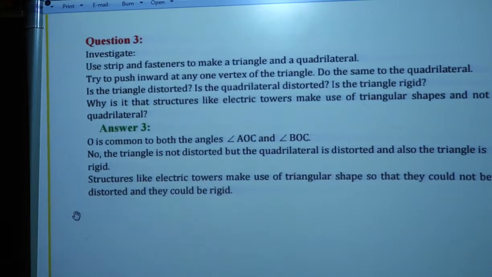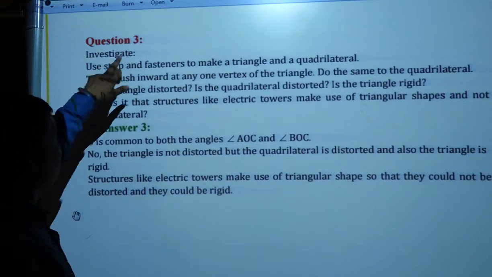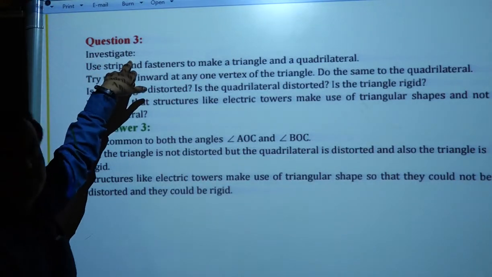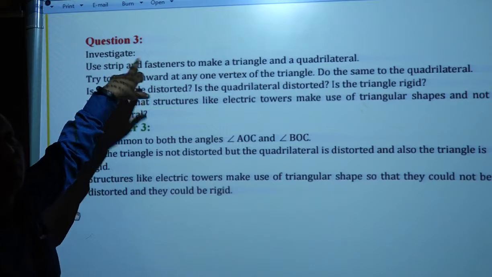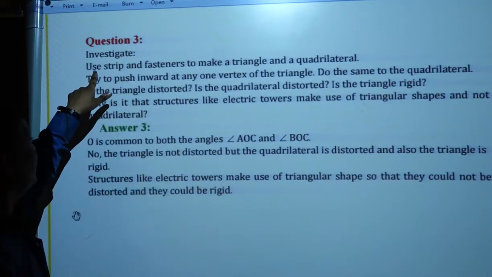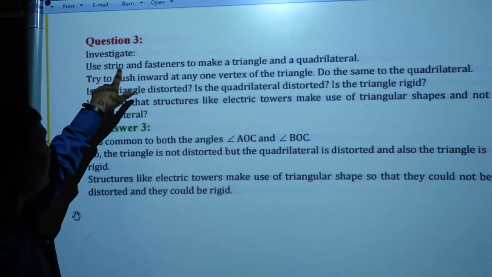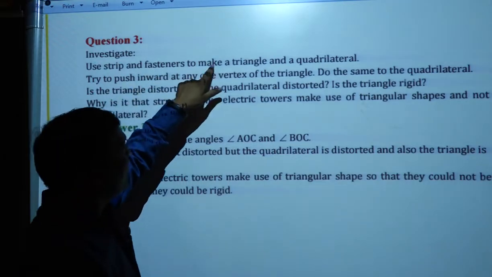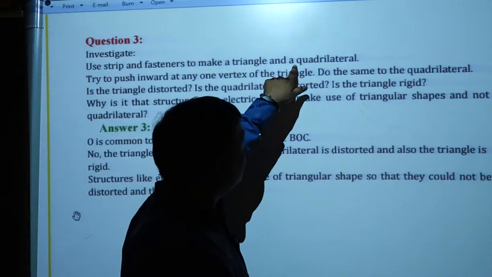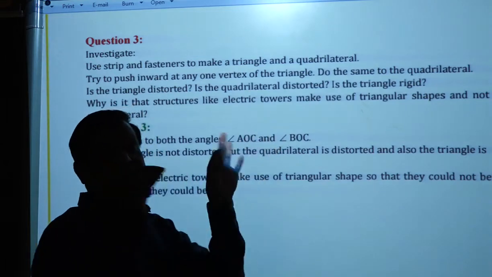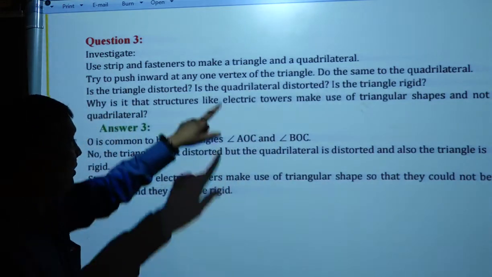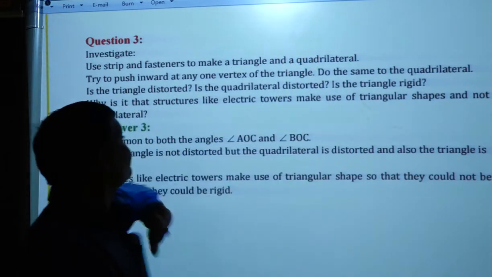Now the third question is investigate. We have to investigate the question. What do we have to investigate? The question is given: use sticks and fasteners to make a triangle and a quadrilateral. So you have to take some sticks and tapes, and we have to show a triangle and quadrilateral.